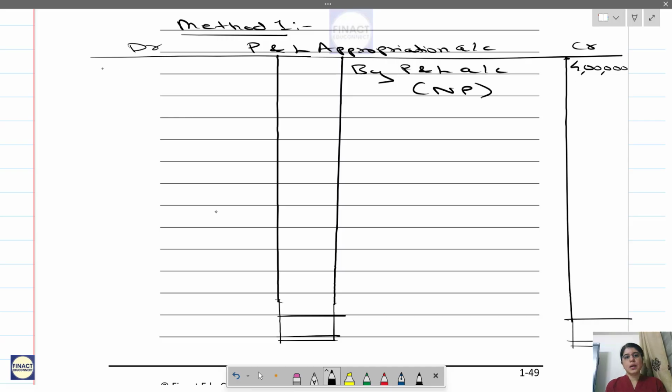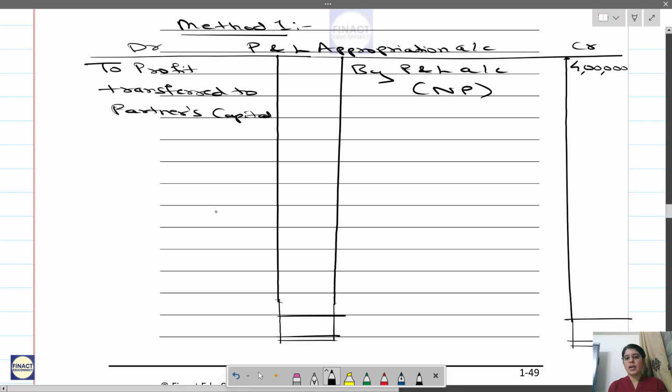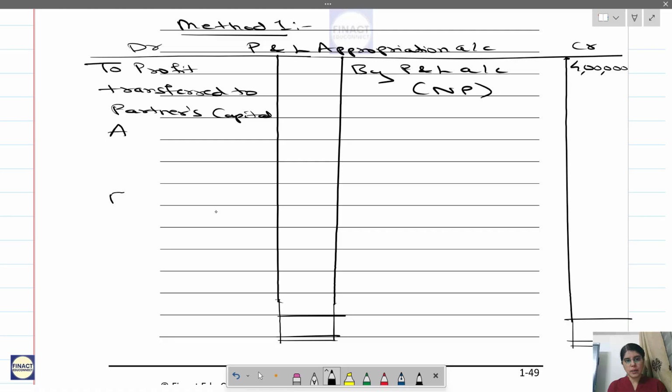Now, on the debit side, to profit transferred to partners' capital. If nothing is given, we will always assume that it is the fluctuating capital method. So A, B and C, just leave some lines to adjust the deficiency.